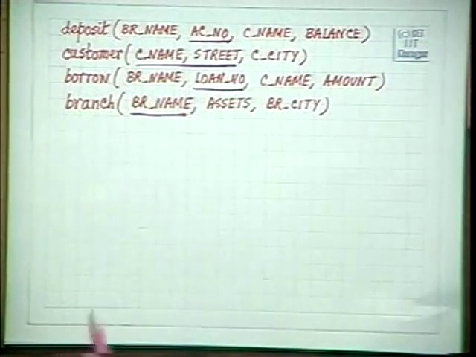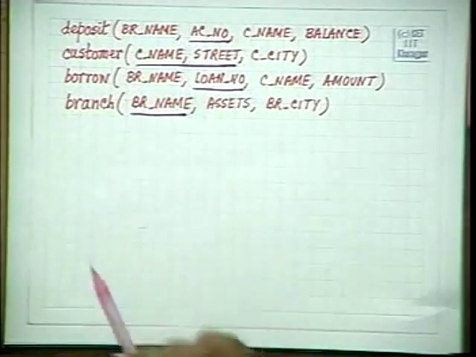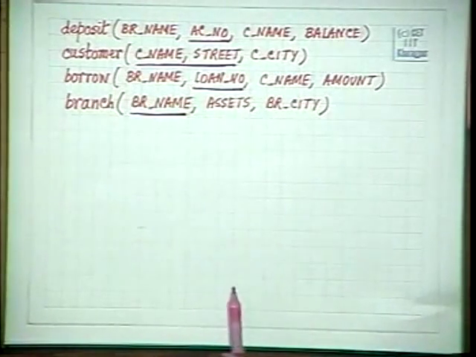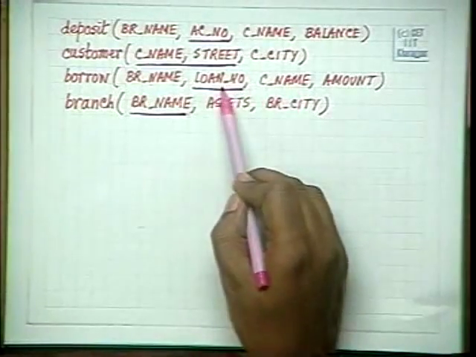We may also have, if we say that a person can take only one loan from a particular branch, then branch name and customer name will imply loan number.